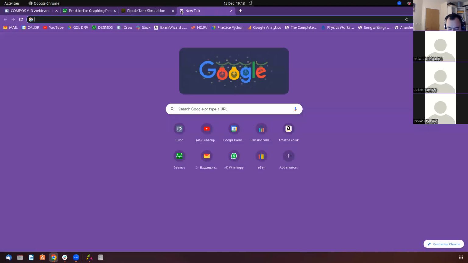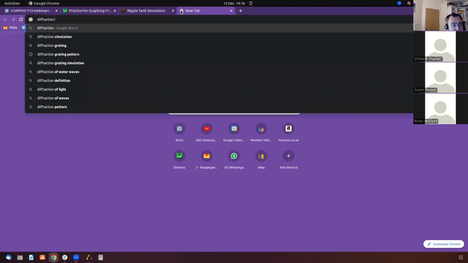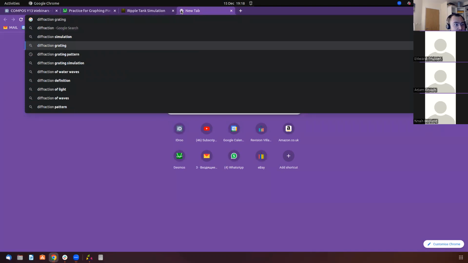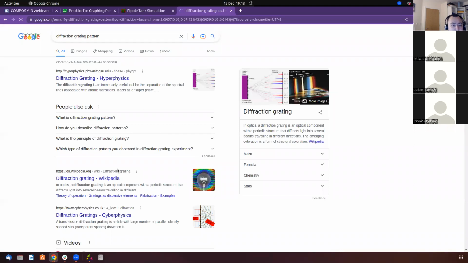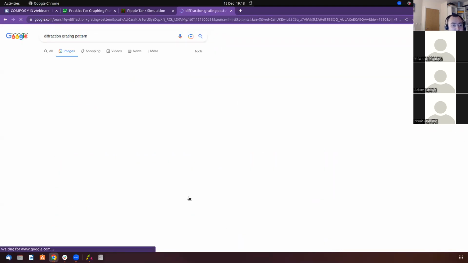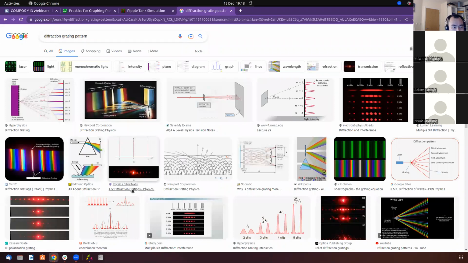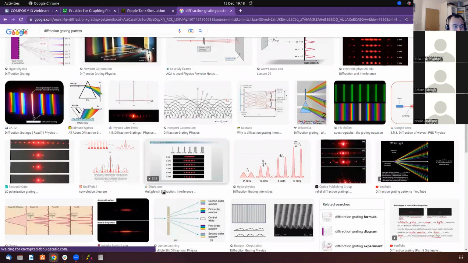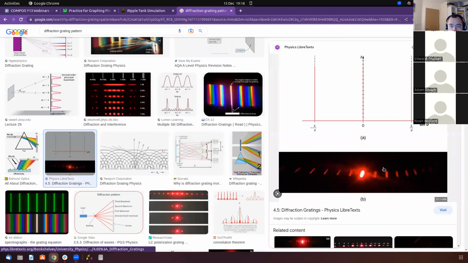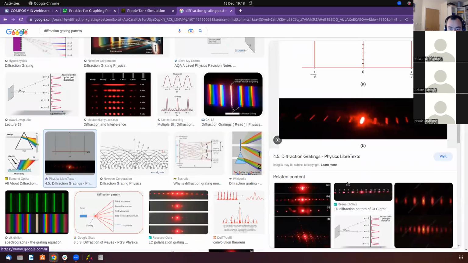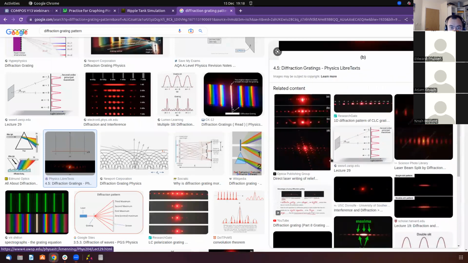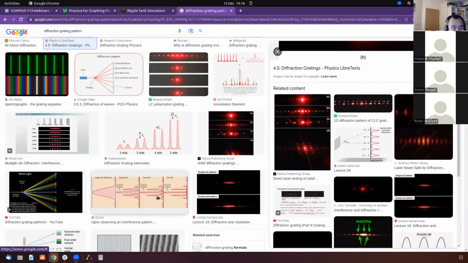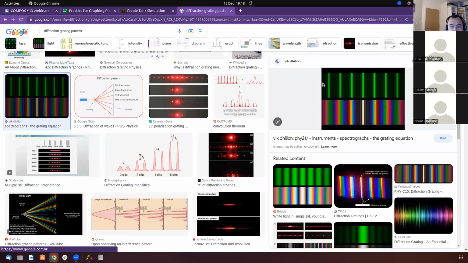Diffraction grating pattern. Pretty much. This kind of pattern. Yes, with monochromatic light, it looks like this. With white light, it looks like this, but we're focusing on this.